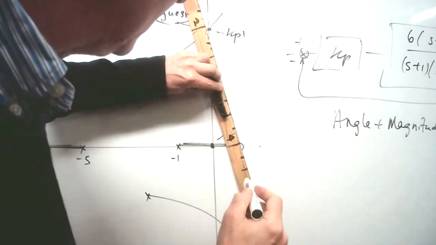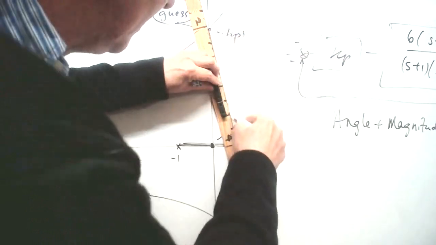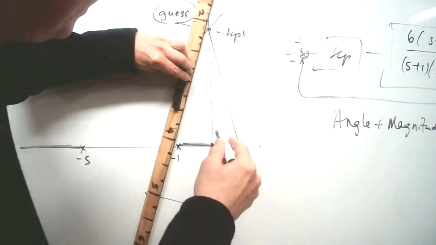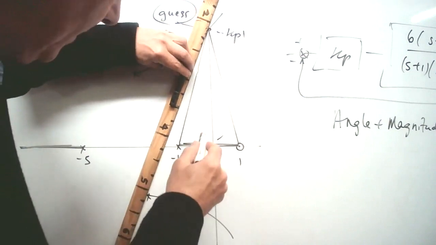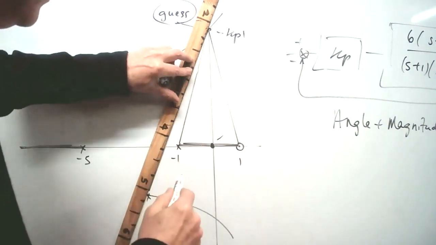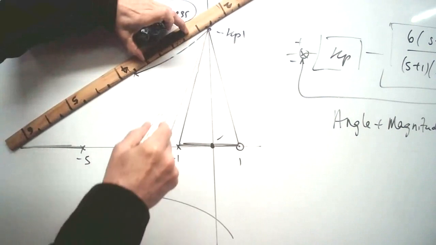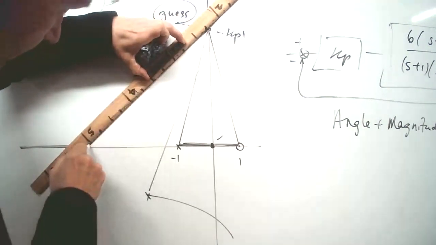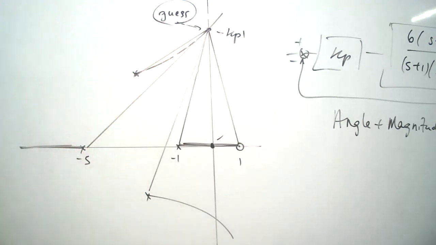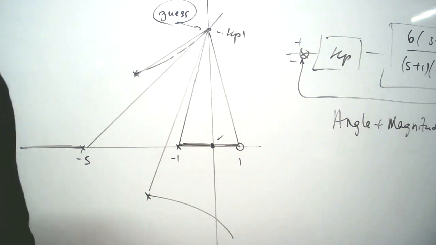Then draw some lines in to the poles and zeros. So I've drawn lines in now to all the poles and zeros from the point I've guessed, and then we start measuring the angles now.